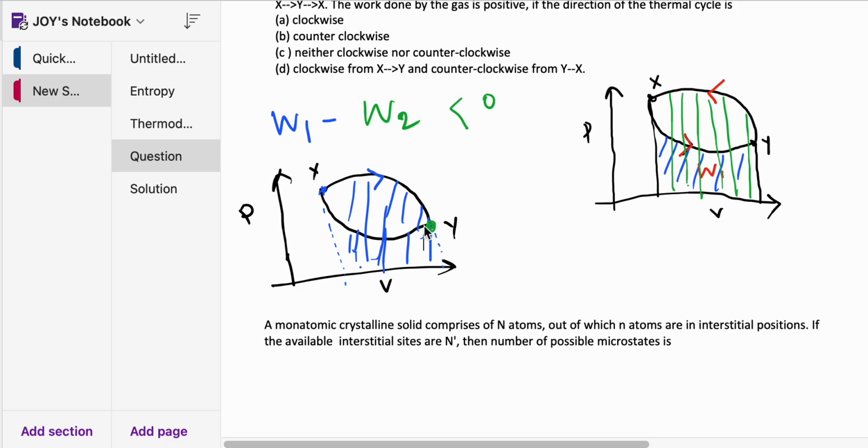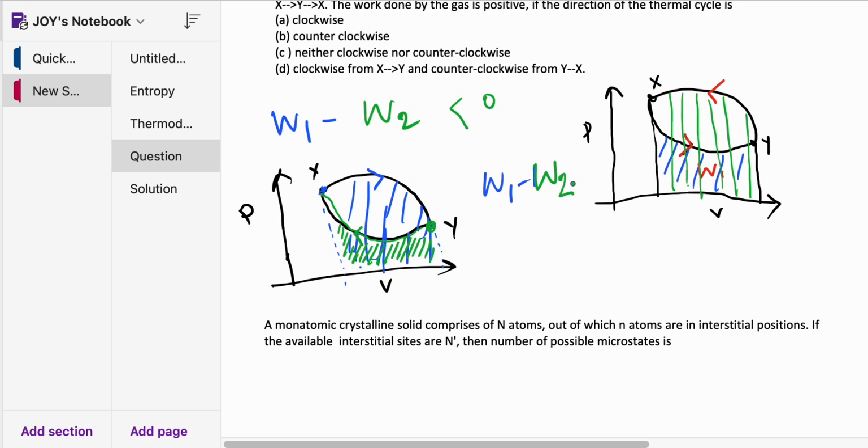Now if we want to again decrease the volume, then we have to go in this direction. That means we have to give work, this much amount, the green region. Now you can see from here that the area of this blue shaded region, W1, is actually greater than the green region.